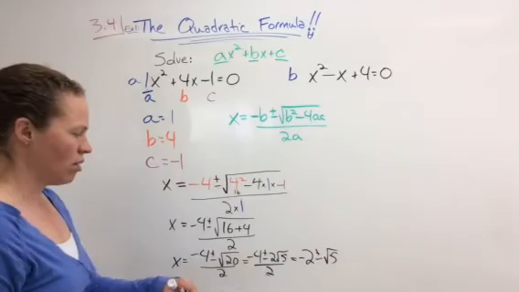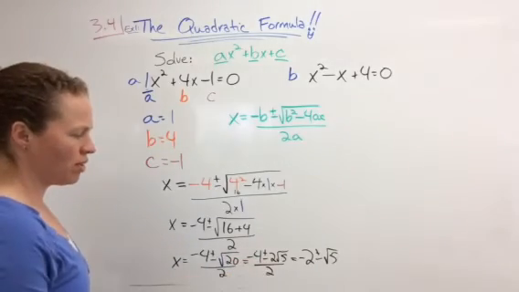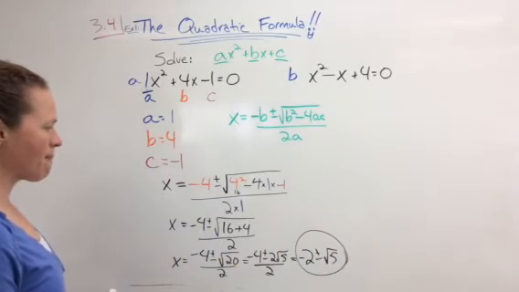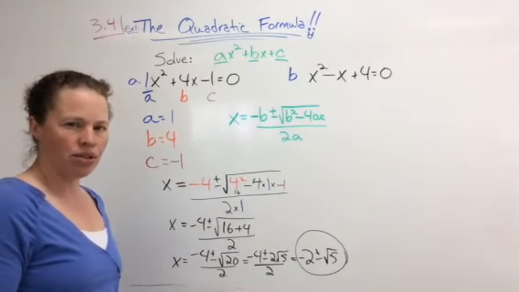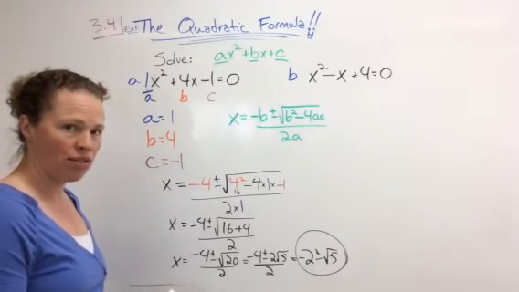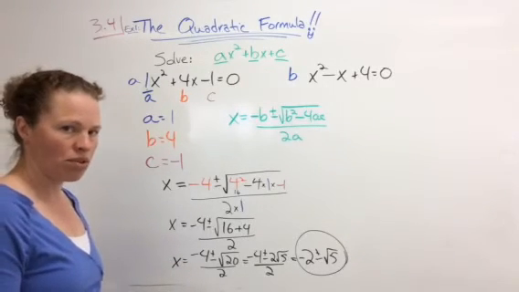These have all simplified and so they're gone. So this is my answer, but there's two numbers there. It's either going to be negative 2 plus root 5 or negative 2 minus root 5.